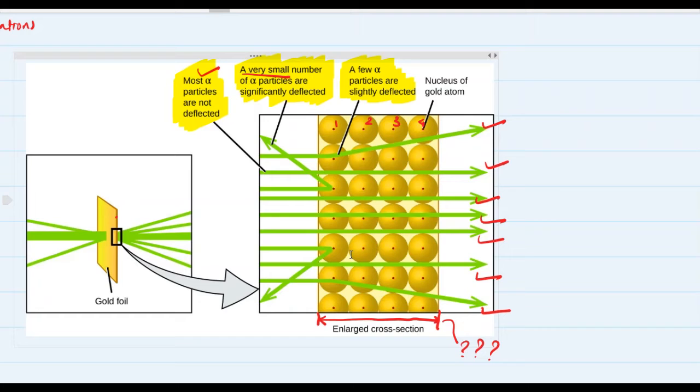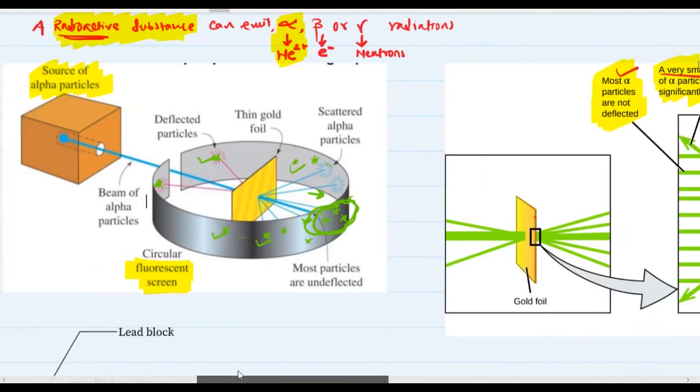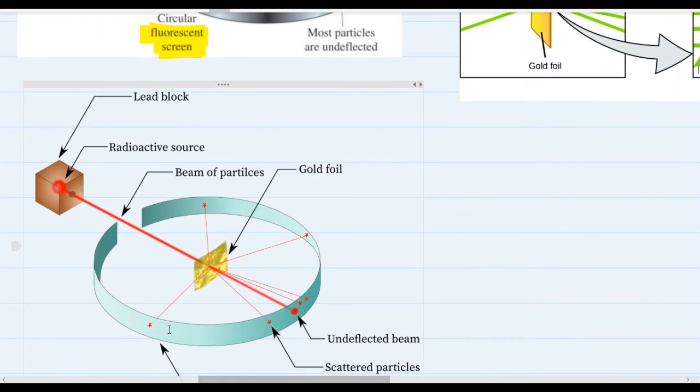ठीक है? In the center of the atom, there is a very densely packed nucleus which has protons, the positively charged particles. And once in a while, when an alpha particle passes close to this nucleus, it gets deflected by large angles. Very few particles get deflected with large angles.